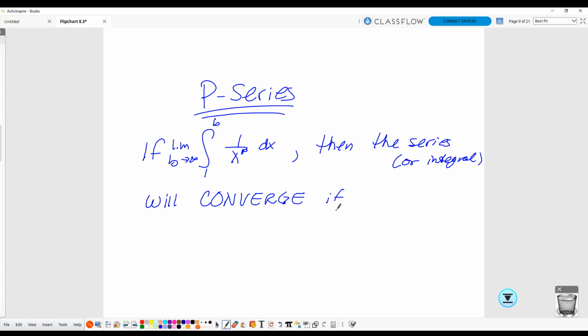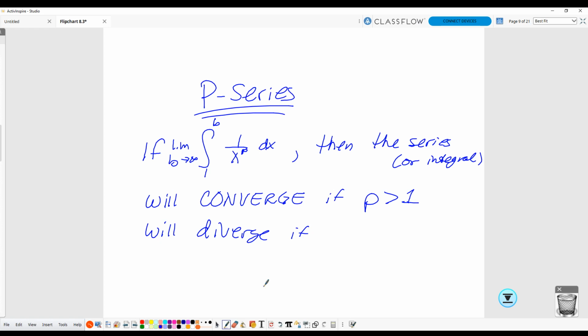Greater than 1. And when does it diverge? What about when it's equal? Does equal to 1 make it converge?